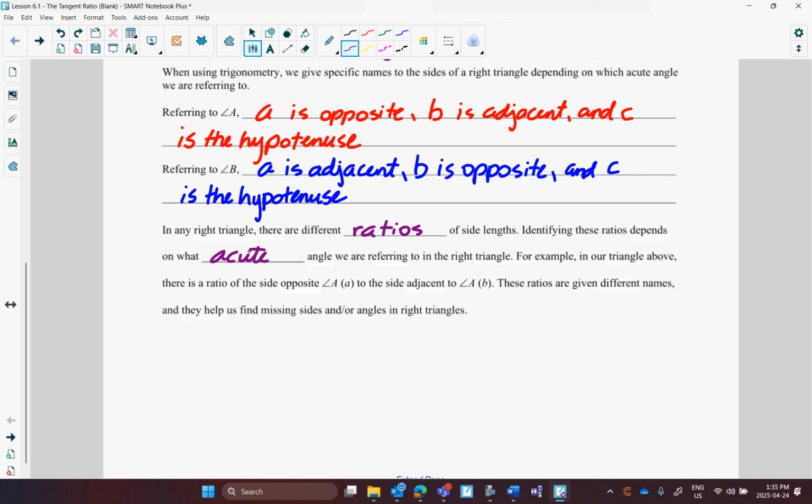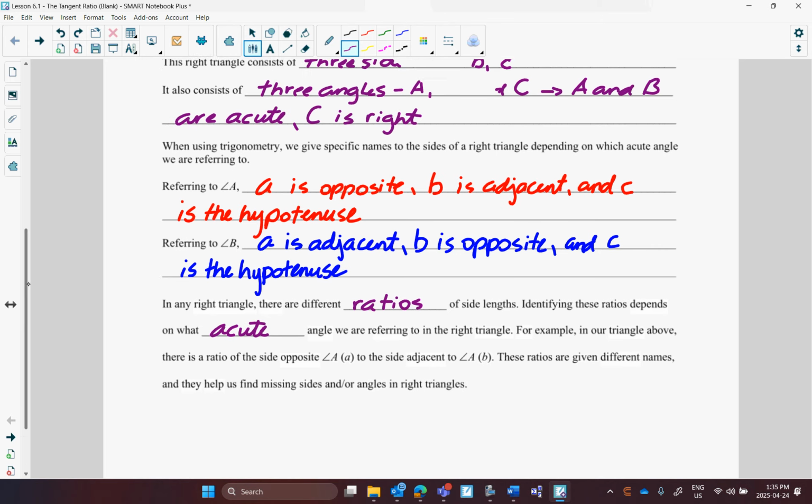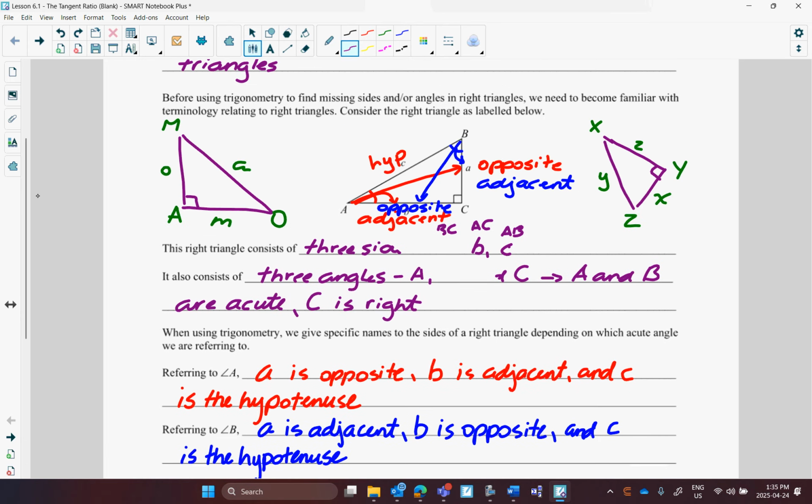So for example, a ratio is a comparison of two numbers. So I'm actually going to put some numbers in here now. Six, 8, 10. What is the ratio of the side opposite Z to the hypotenuse?